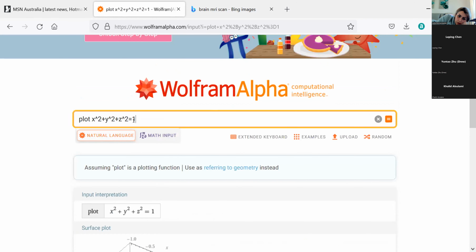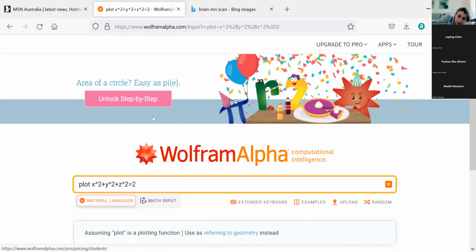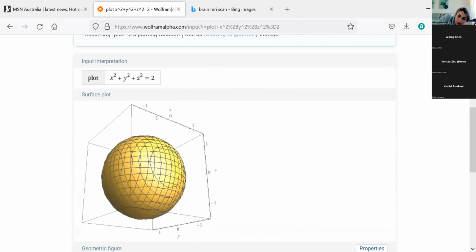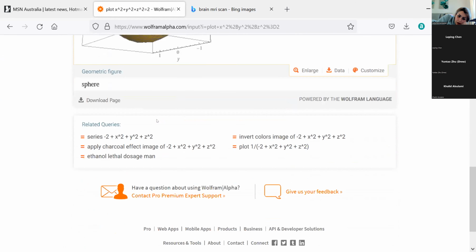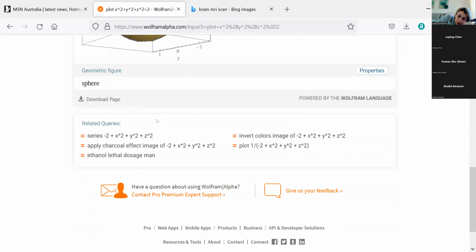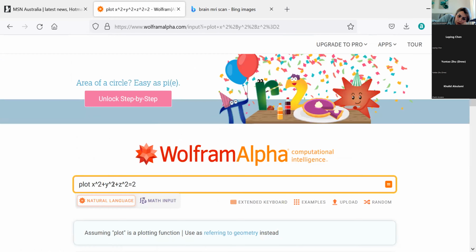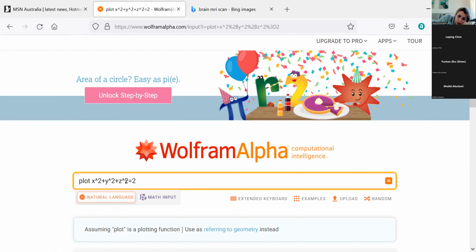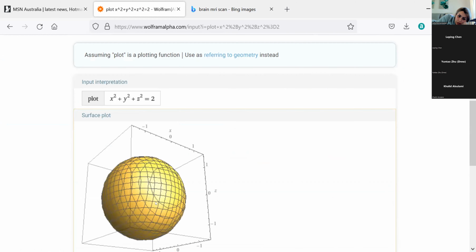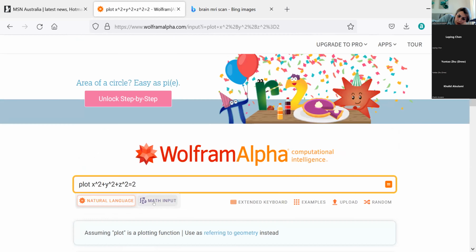If I put 2 here, it gives you a sphere whose level of the surface is square root of 2. This shows you the level of the surface. You have 3 inputs and it shows you the contour, the level of the surface.